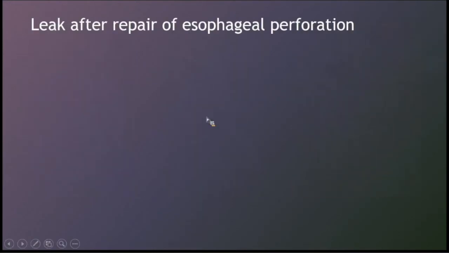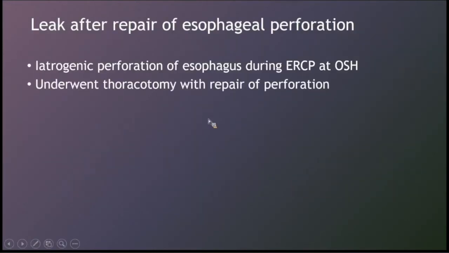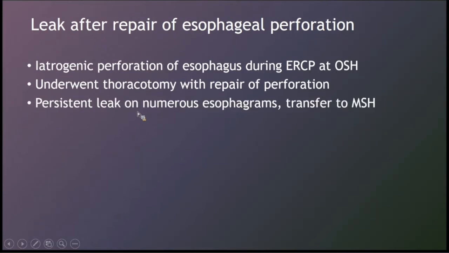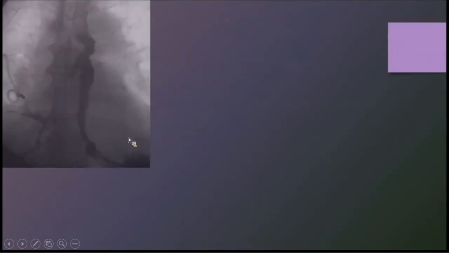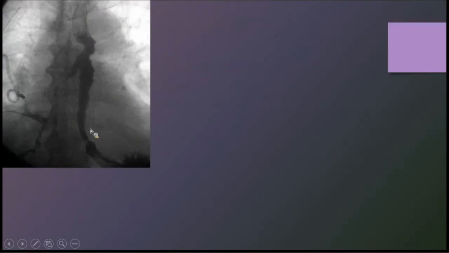It's already a complication. Here's a patient who had an iatrogenic perforation of the esophagus at another hospital during an ERCP. They had a thoracotomy over there. They tried to repair the perforation, but they still had a leak, and they got transferred here to repair. And so we went down. You can see here's the esophagram, and here's this leak going into the right chest, and you can actually see contrast down into the right pleural space over here.